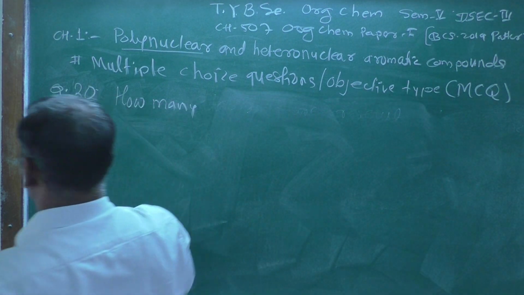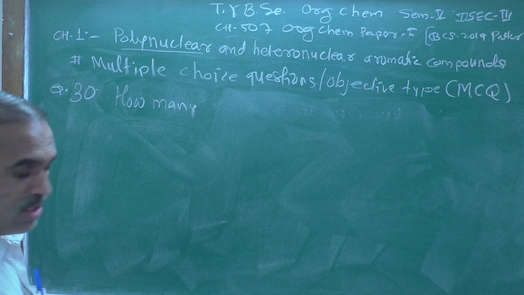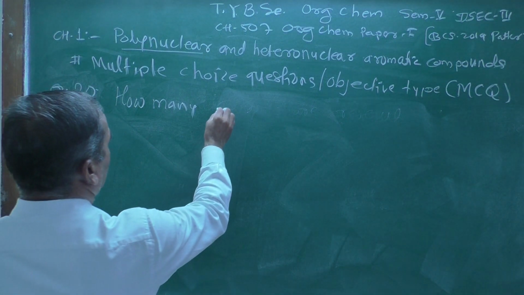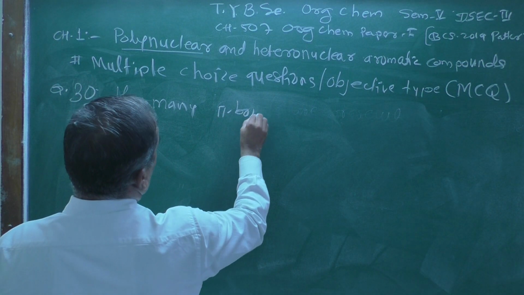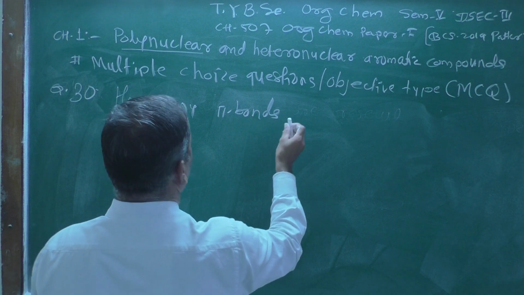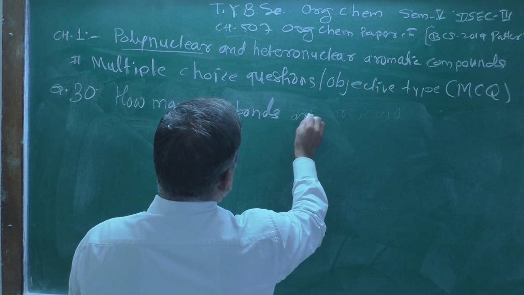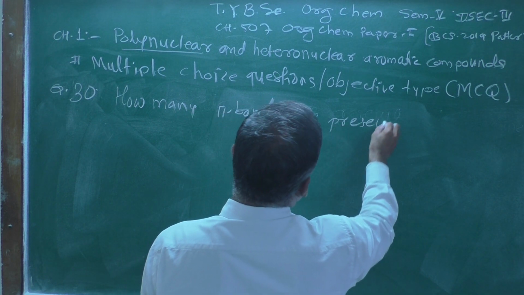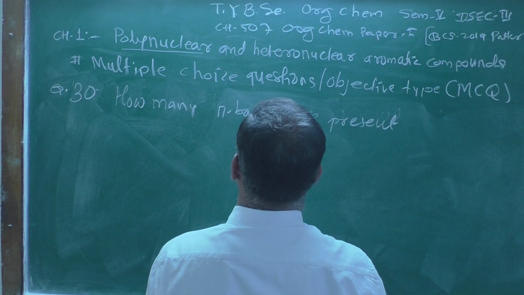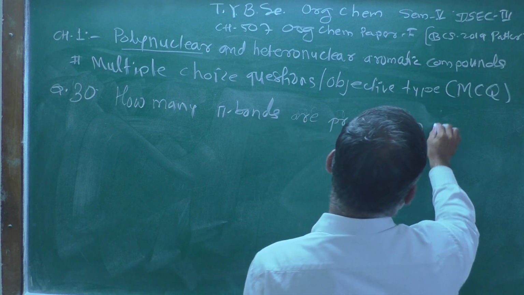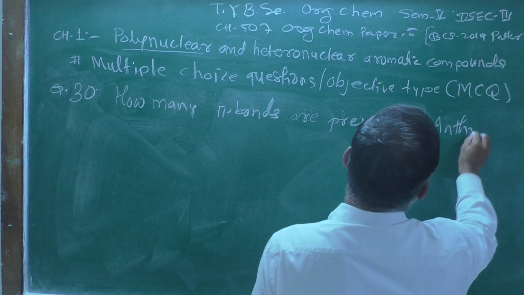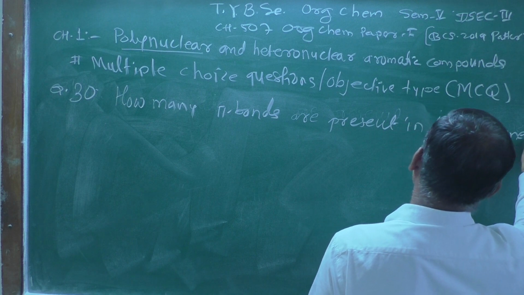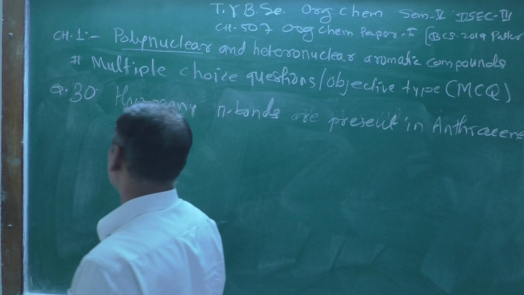See here, how many pi bonds are present in anthracene? How many pi bonds are present in anthracene?